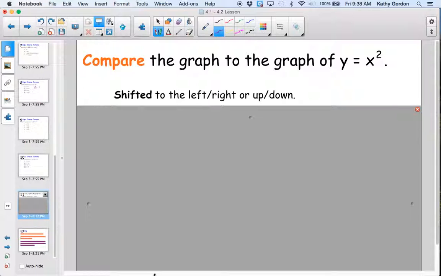So it's shifted to the right 3 units and up 2 units. It's shifted to the left 3 units and up 5 units. It's shifted to the right 1 unit and down 6 units, whatever. Okay? That's just like taking your parabola and sliding it around to a different spot. Okay? So that's one thing that you can look for to make a comparison.